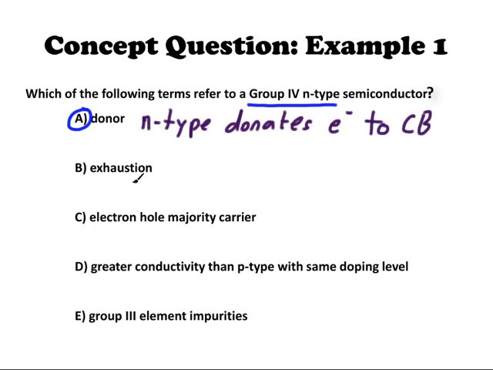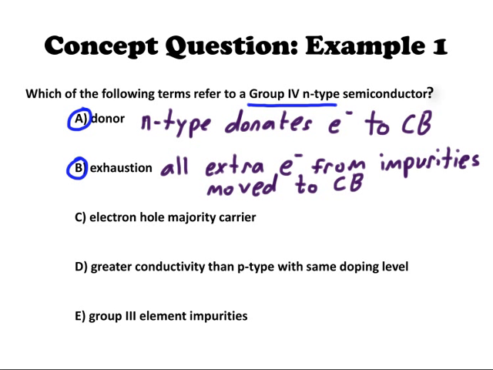Option B, exhaustion, is also a correct answer because exhaustion will occur when all extra electrons from the impurity atoms are moved to the conduction band. So again, since the impurity atoms have one extra electron, once those electrons are all donated to the conduction band, you will have a state of exhaustion.